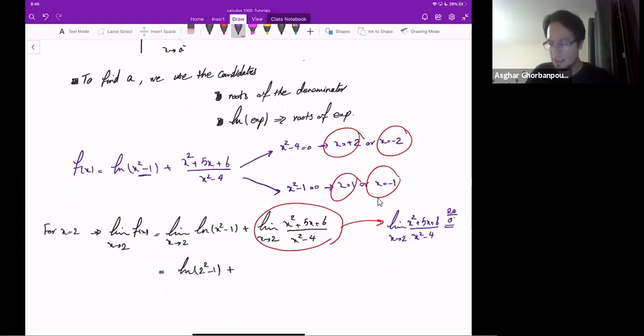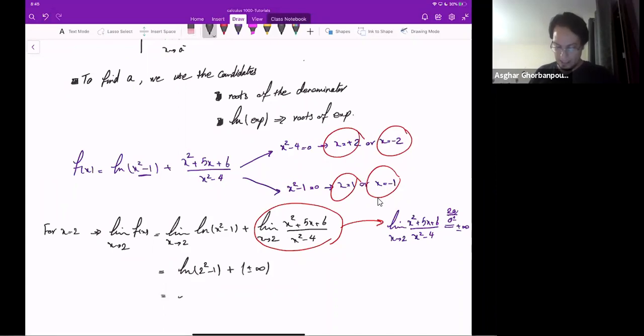It's going to be either plus or minus infinity. For a vertical asymptote, I don't need to see exactly whether it is positive or negative. I know that a non-zero number over 0 is either plus or minus infinity.